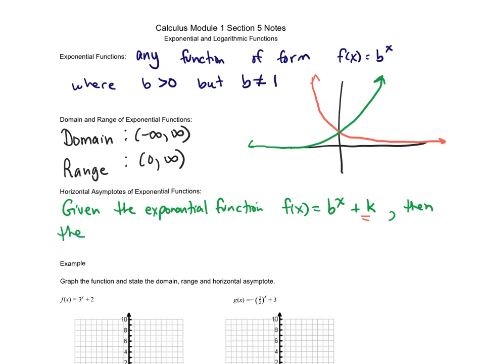Then the horizontal asymptote is y equals k. So the horizontal line it's going to approach is just y equals k, whatever's added on to that. So we can use this idea and just use a couple points to graph these and see what our exponential functions look like.